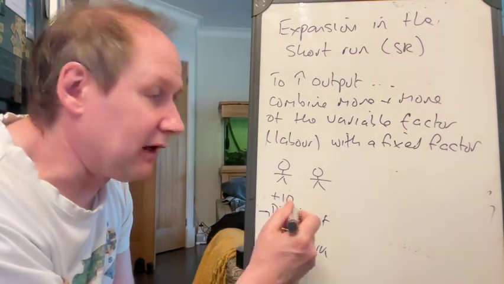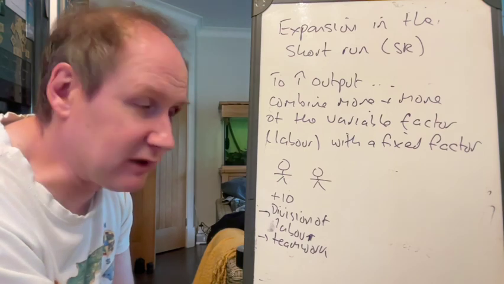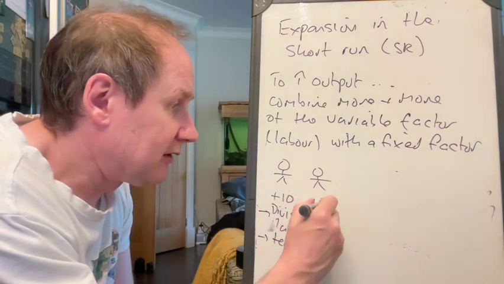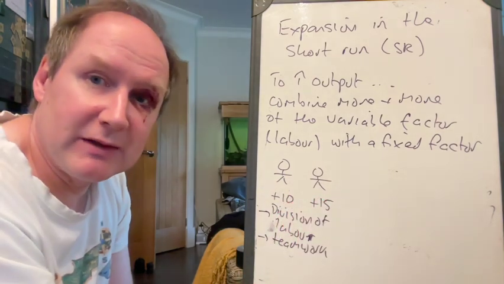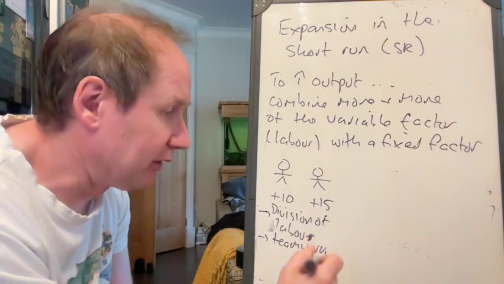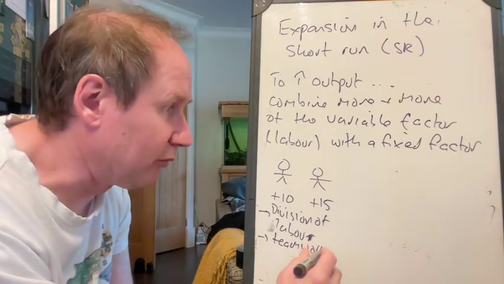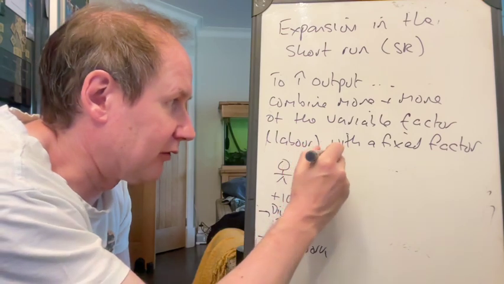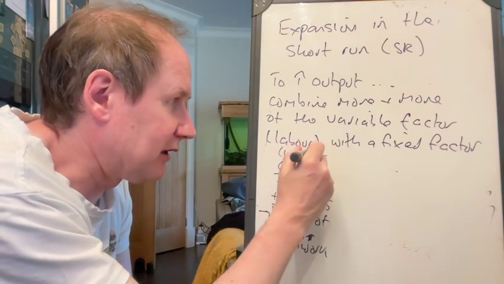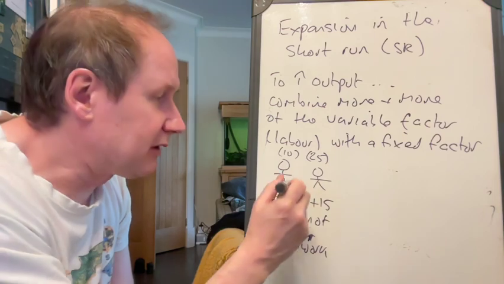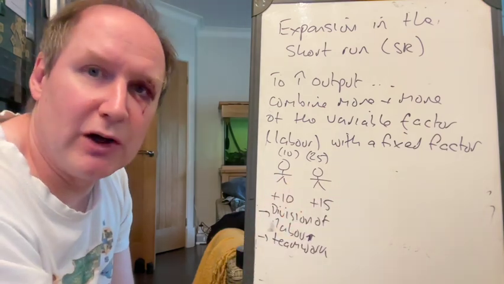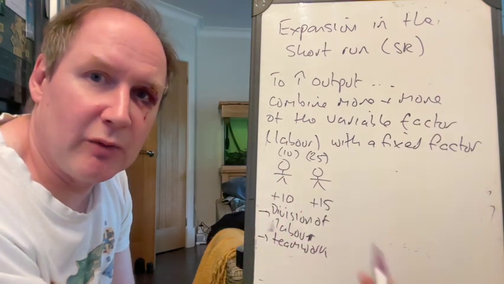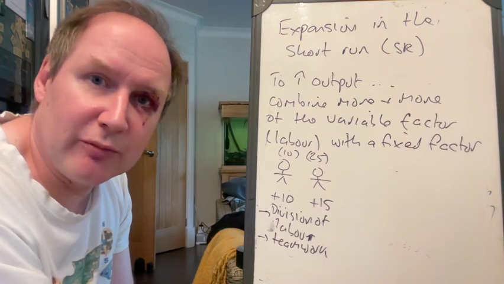So instead of the first person adding an extra 10, maybe the second one adds an extra 15, taking our total to about 25. Our total was 10 to start with, now it's 25. This number here is called marginal product. For each worker we add, we're saying how much extra output do we get.